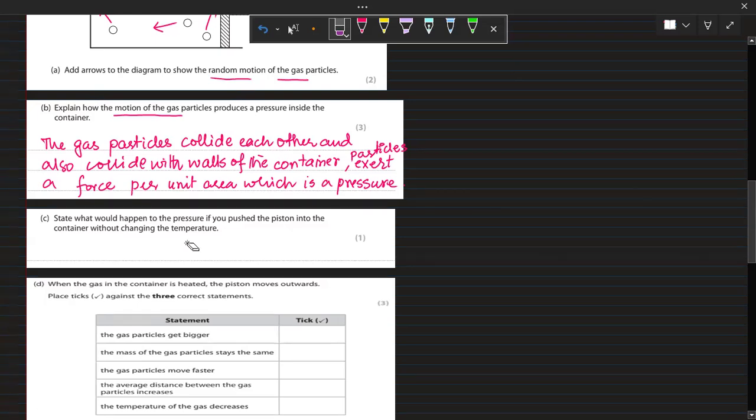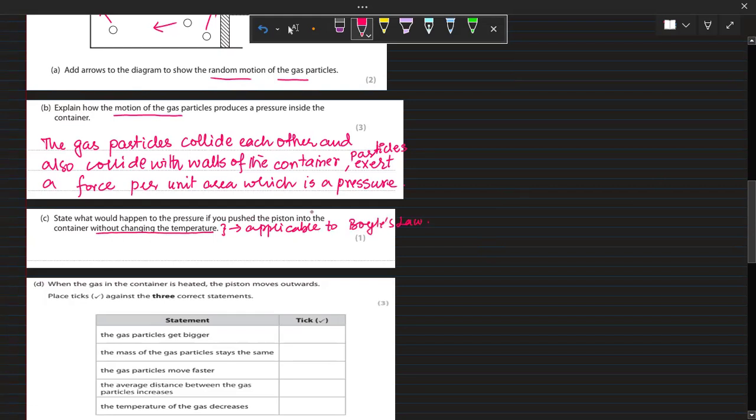What will happen without changing the temperature? Remember, you can refer to Boyle's law. Whenever a question says without changing the temperature and asks about pressure, they must be talking about Boyle's law.